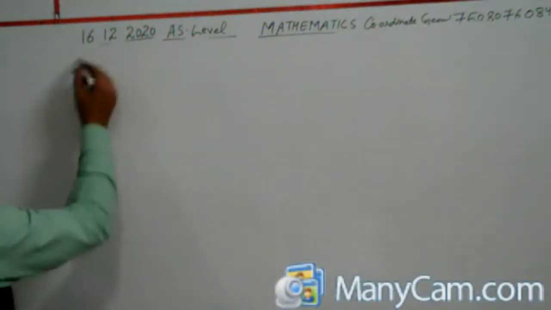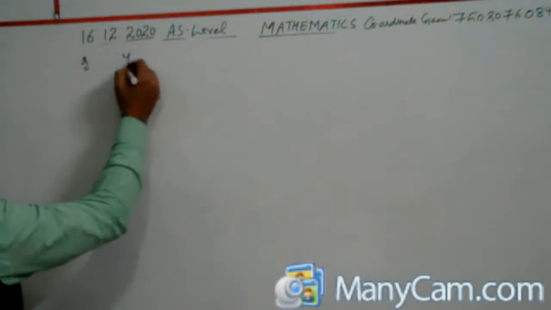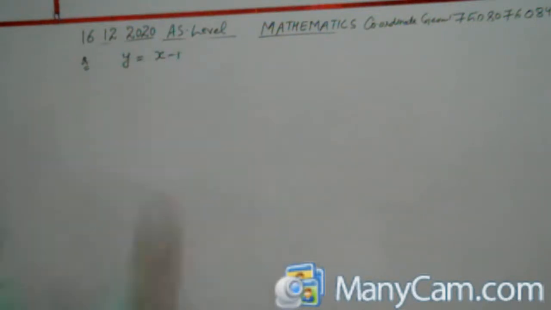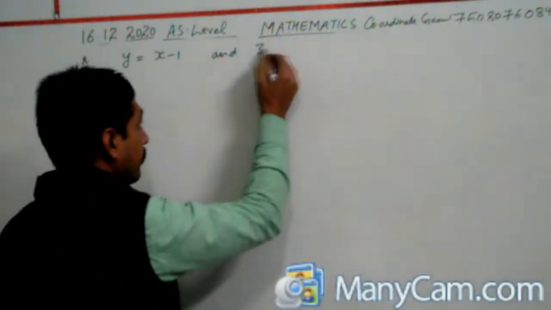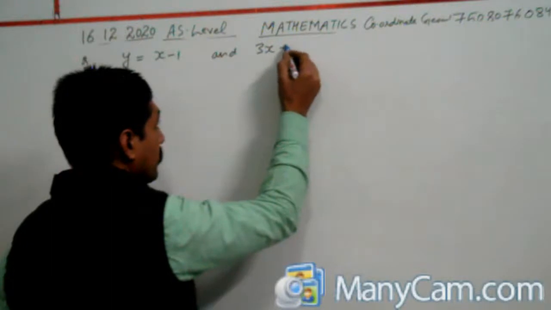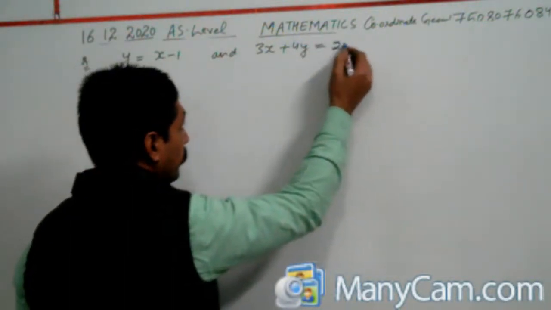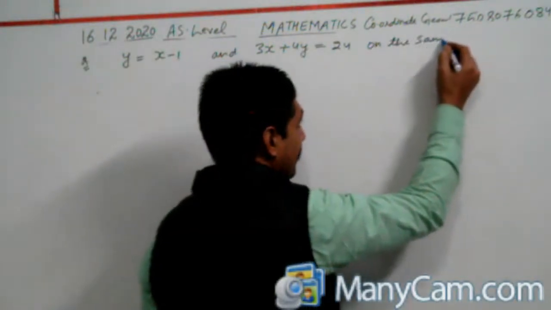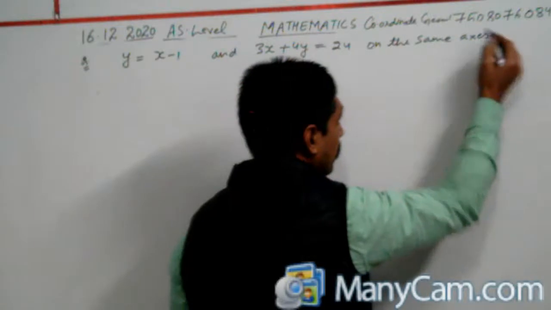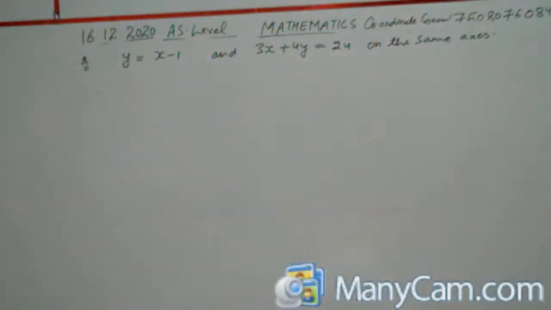One is the equation y is equal to x minus 1 and another is 3x plus 4y is equal to 24, on the same axis. Right? y is equal to x minus 1 and 3x plus 4y is equal to 24.